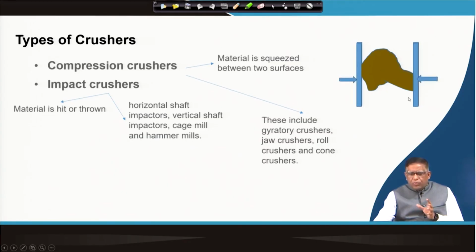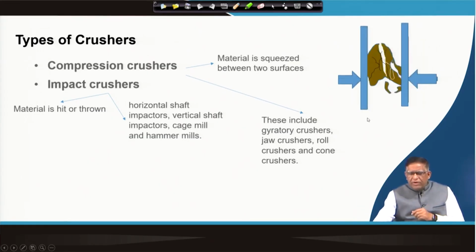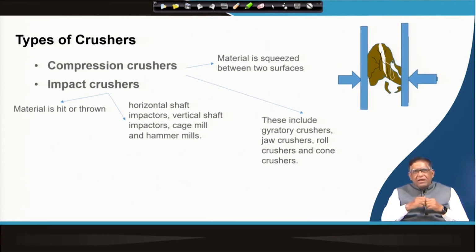When you give it a compressive pressure, it will get crushed, and the crushed material will fall and you can take it out. That is mainly what you do in cone crushers and gyratory crushers. But in other crushers, the materials are broken by impact.